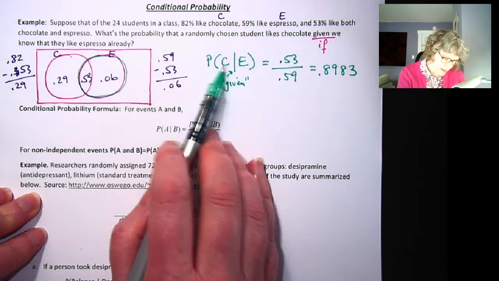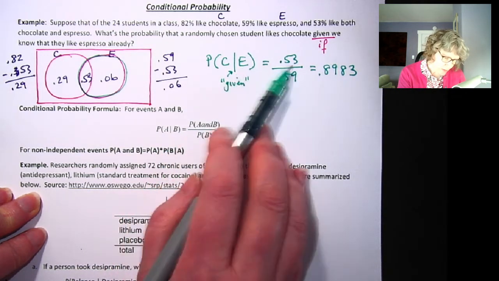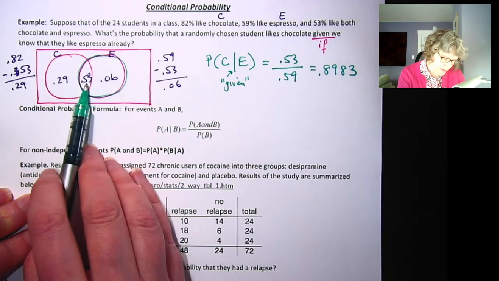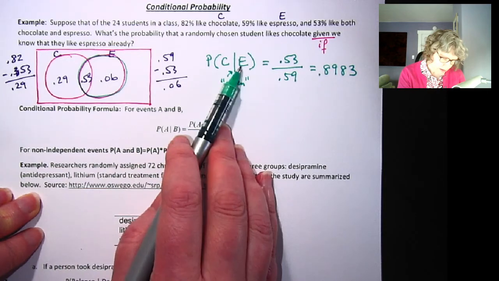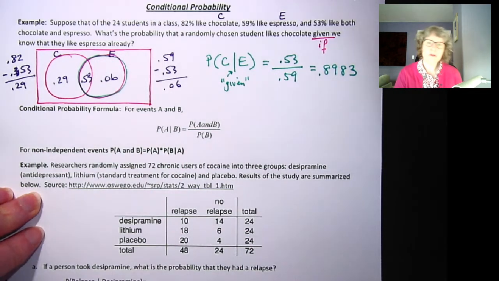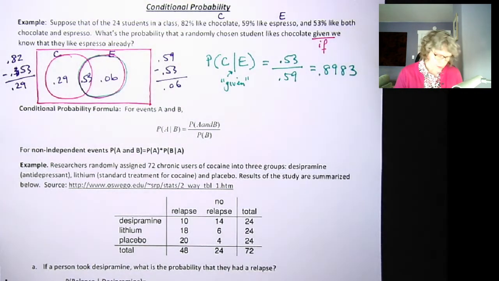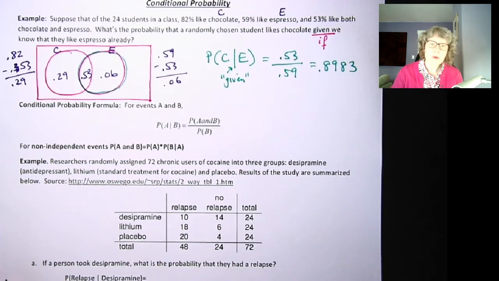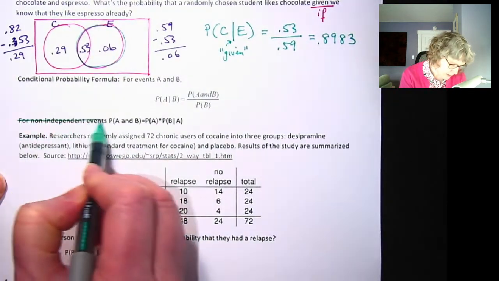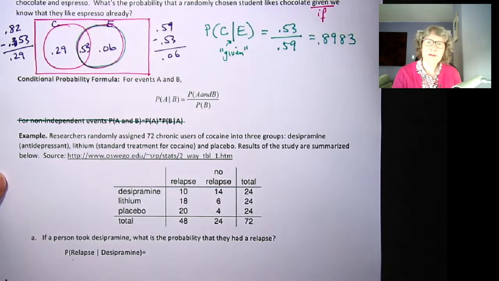C given E was the probability of C and E, the intersection, divided by the probability of E, the given one, our total. Okay, so I hope the circle diagram helped. If not, no worries. I'm also skipping this. I've deleted it from the notes. You may have it or you may not.